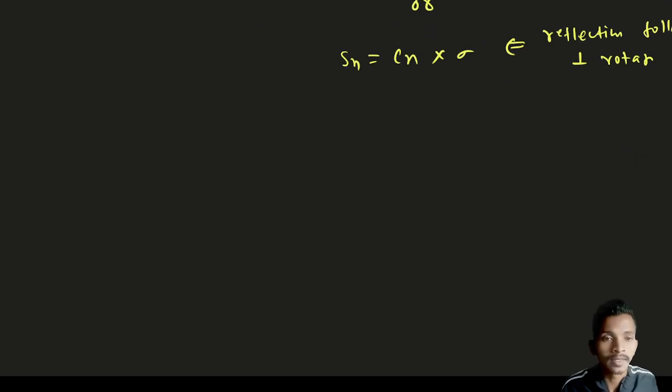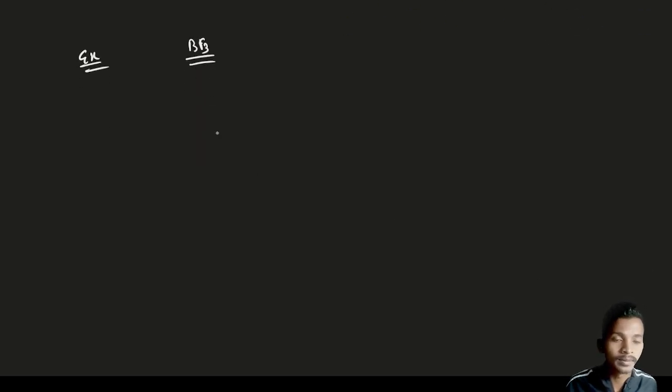Now let's take an example, the BF3 molecule. Let me write B here, and this is F. Let's label them 1, 2, and 3.